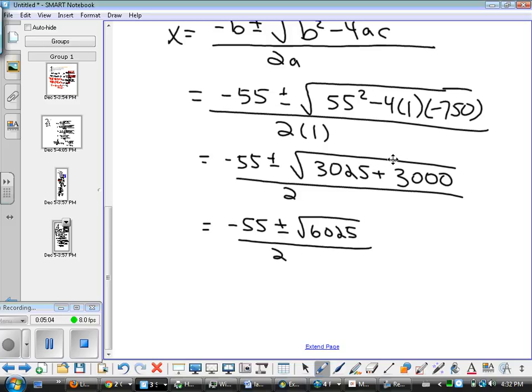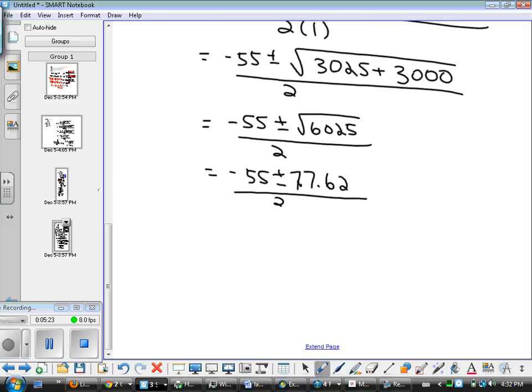Now if that 6,025 turns out to be a perfect square, then you know this is something that you could have factored, right? But it's not. So negative 55 plus or minus the square root of 6,025, which is 77.62.